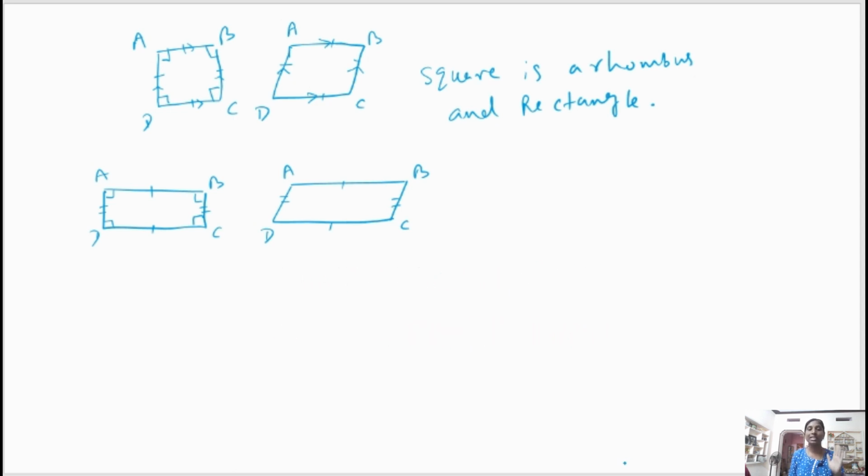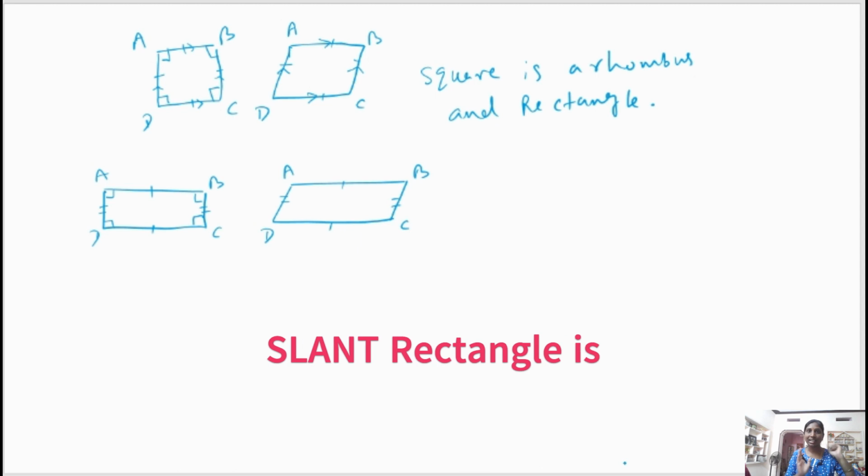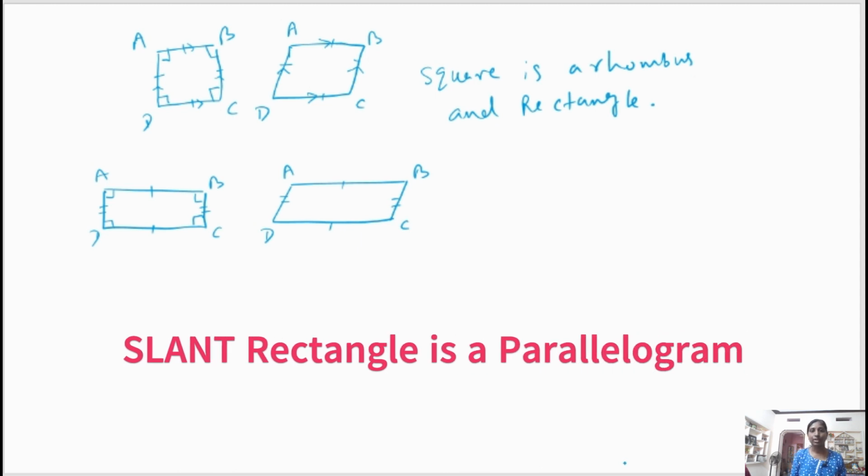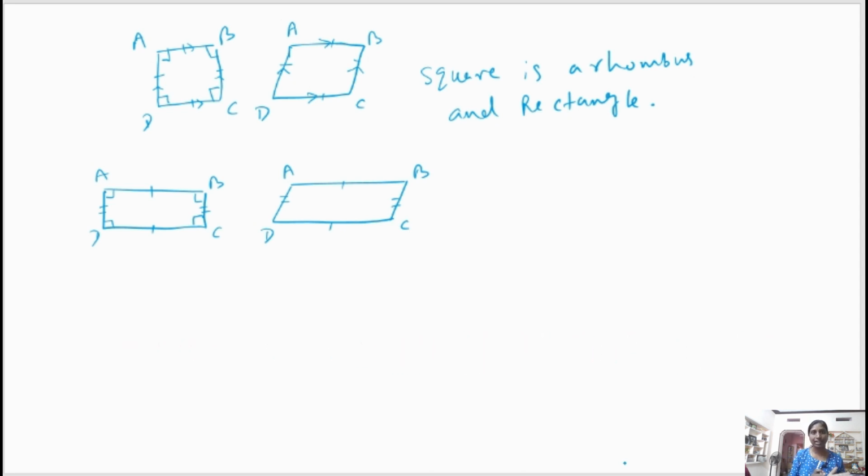If in a figure opposite sides are parallel and equal, we can say that the figure is a parallelogram. So here ABCD is a rectangle and here ABCD is a parallelogram. A slant rectangle is called a parallelogram. A rectangle satisfies all the conditions of a parallelogram, so a rectangle is a parallelogram, but a parallelogram is not a rectangle.